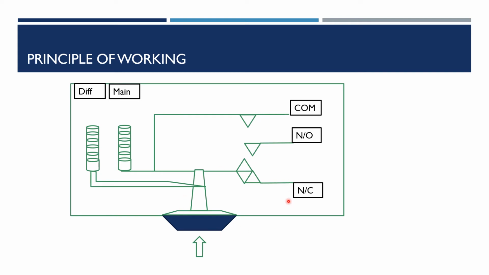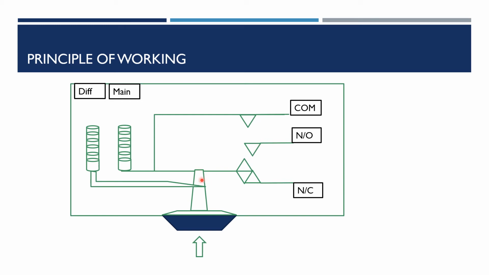So in summary, I have the main to set the upper limit for the pressure, and I have the differential to set the lower limit. For example, I want the pressure switch to turn on at 45 psi. So I need to supply pressure to reach 45 in order to move this nose to the other contact.